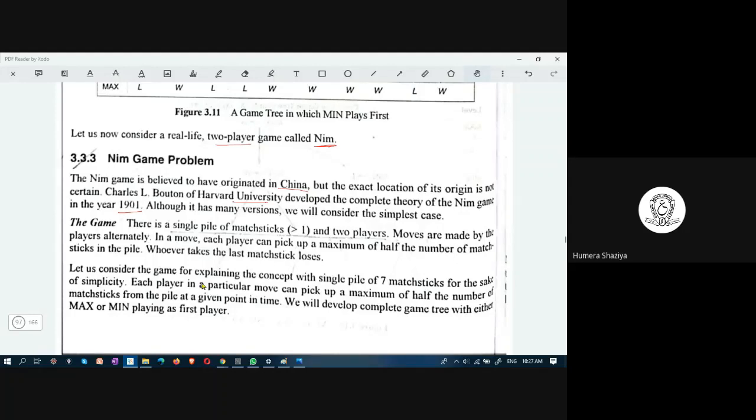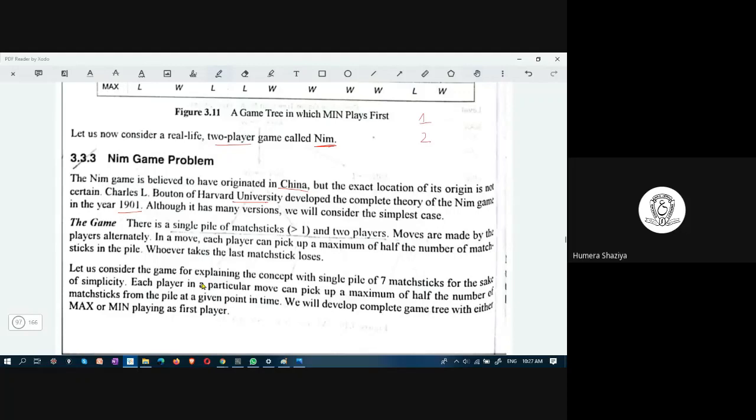And what is the game here? There is a single pile of matchsticks. You have a pile of matchsticks and there are two players. Moves are made by the players alternately.